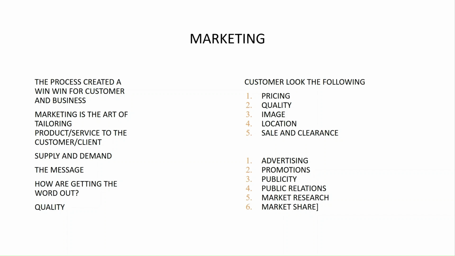Also, location: how far do I have to travel for this? Is it convenient? And also, they like sales and clearance. People love sales and they love clearance. So you got to make sure those are the things out there for them to buy from you.